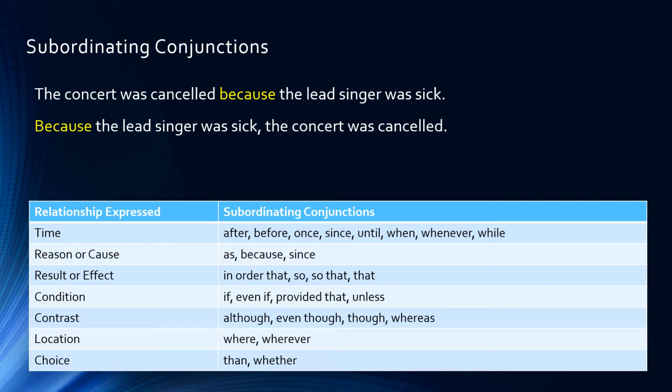Now, note a couple of differences here. In the first sentence, the concert was canceled because the lead singer was sick, we've got two clauses that are combined with the word because. There's no comma in that because it's just a flowing sentence that doesn't need a break. But in the second sentence, where we have reversed the order and put the causal subordinating conjunction first in the sentence, then we have to put a comma after that clause.